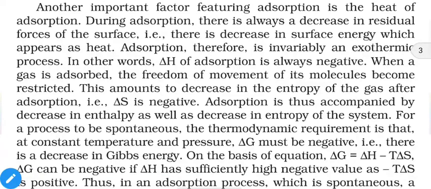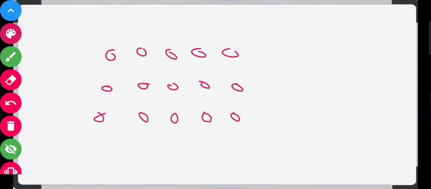During the adsorption, there is always a decrease in residual forces of the surface. Simple thing, let us assume, as mentioned earlier, we have a solid substance, and the solid substance has imbalance at the surface because surface molecules are not covered from all sides like this.